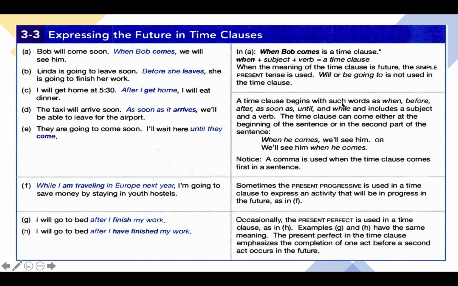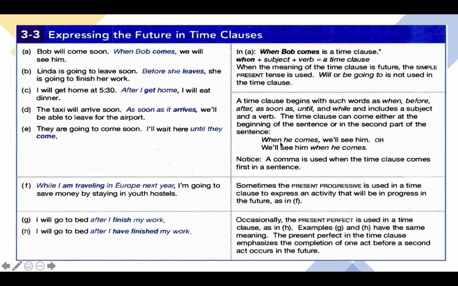A time clause begins with such words as when, before, after, as soon as, until, and while, as we're going to see in another example coming soon in the same chart here. And it includes a subject and a verb. The time clause can come either at the beginning of the sentence or in the second part of the sentence.